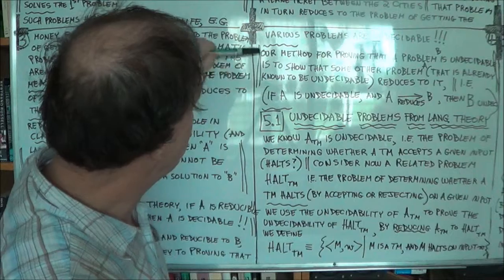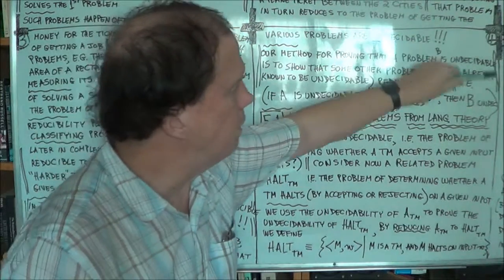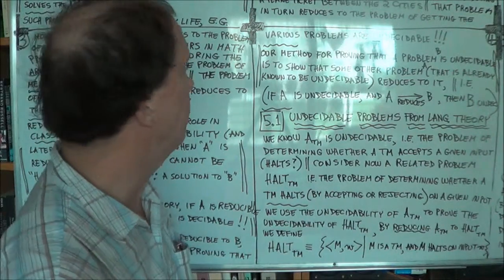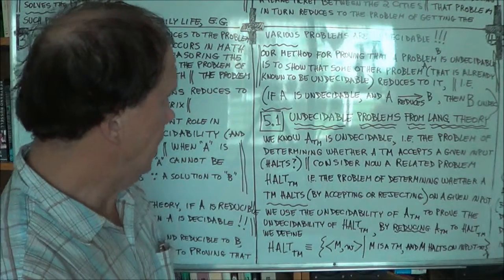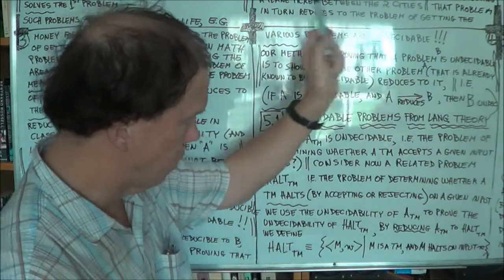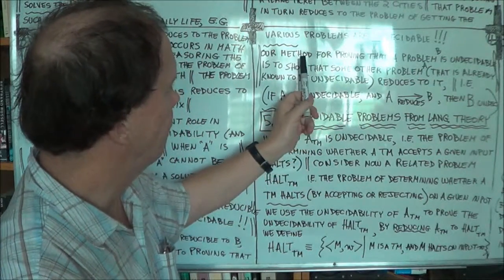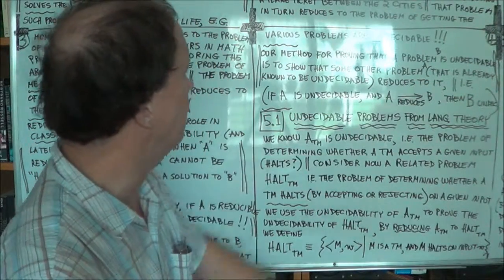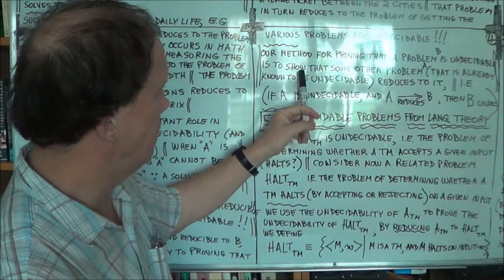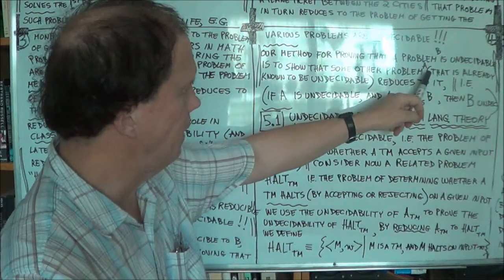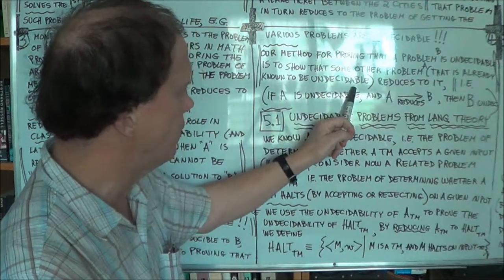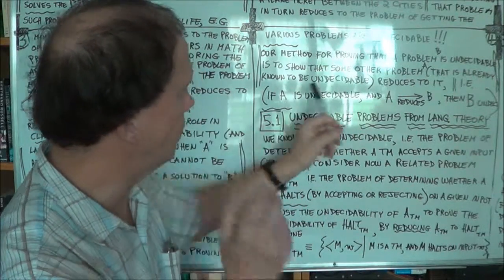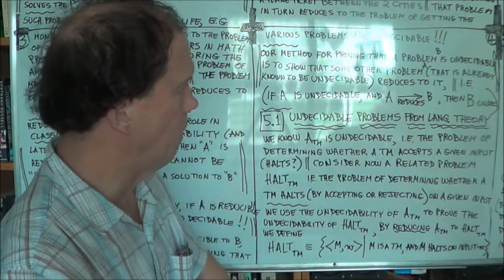Alright. So now here, again, I've put two vertical bars. Not so much a definition, but just important. The method we'll use throughout this chapter to prove that a problem B is undecidable is to show that some other problem A that's already known to be undecidable reduces to it. In fact, this is just a rewording of what I've just been saying.